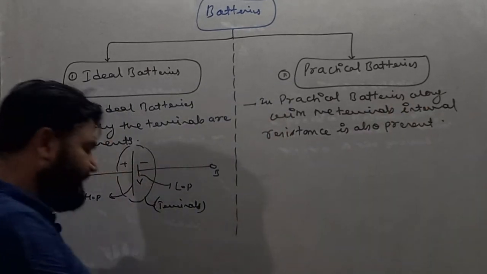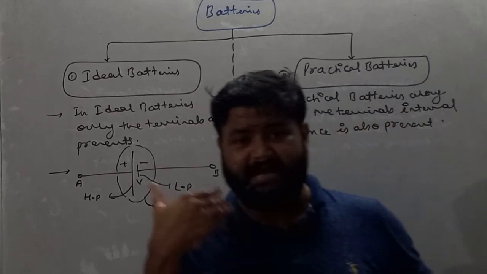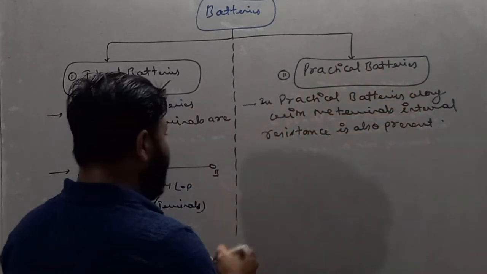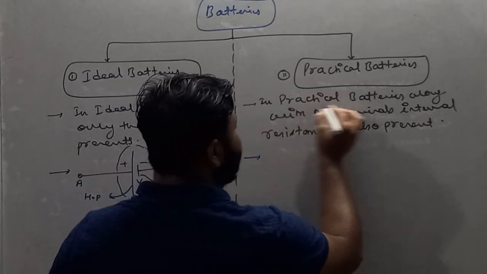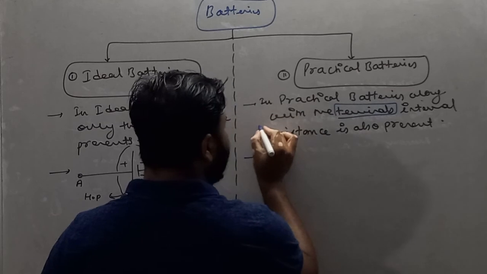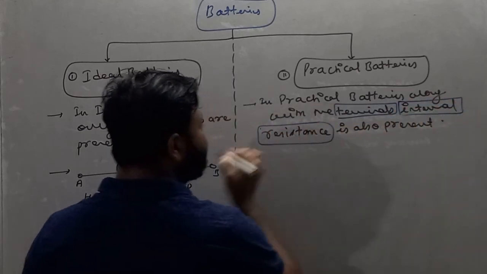So my dear student, remember, the battery which is used practically in our day-to-day life is basically a practical battery. In a practical battery, along with terminals, there is one more thing. Along with terminals, internal resistance is also there.